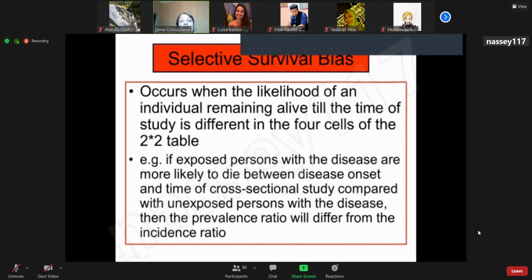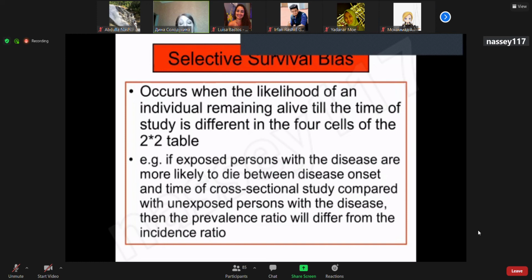This is something very special when we have a study that is particularly long in the period of time, and if we have some assessment of the outcomes, we can have a group of subjects that have survived, and they are different from those who have died before.